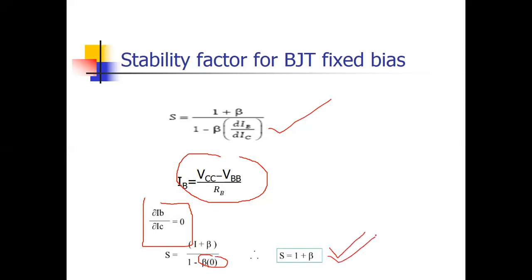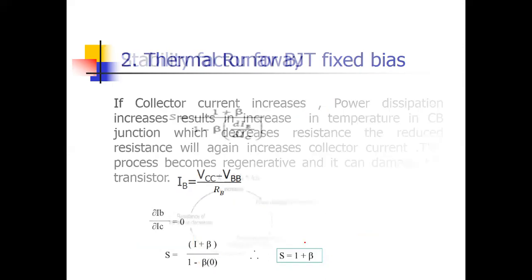Now the stability S depends on the parameter beta. Suppose beta changes from 10 to 100, or 20 to 200, whatever the value, S is changing, stability is changing, which means ultimately the position of the Q point is changing. That is the main drawback of the fixed bias.